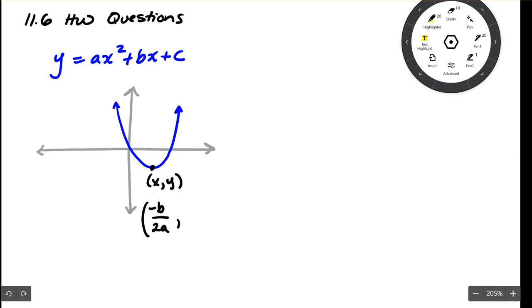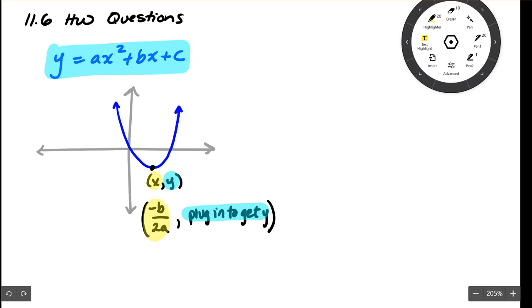Meaning plug into this formula, whatever these numbers are. We're just looking at something in general. There's my x coordinate. The y, you've got to go plug in to get y.